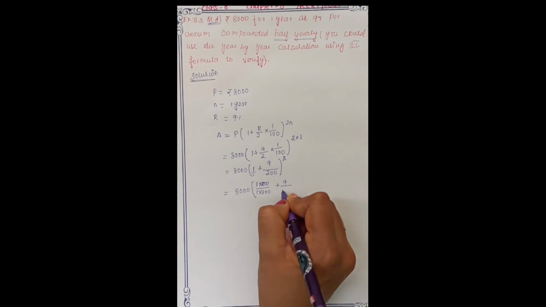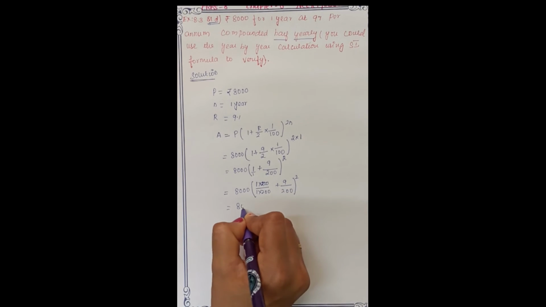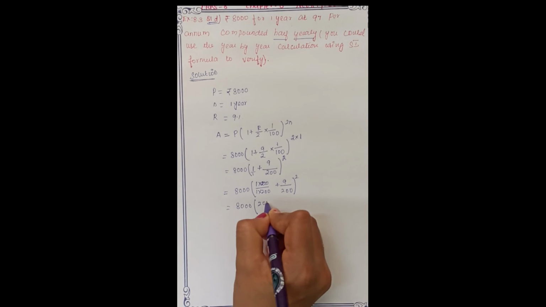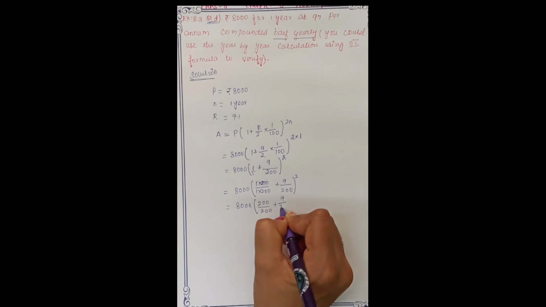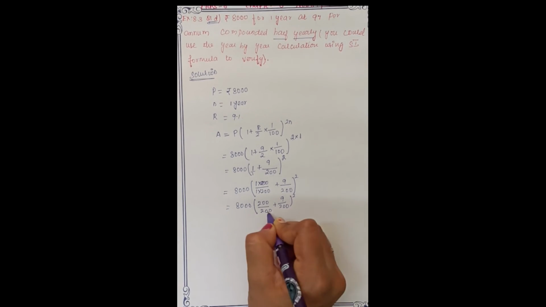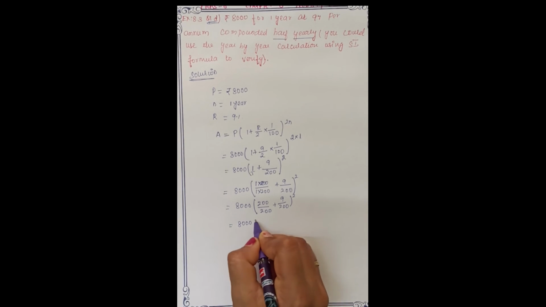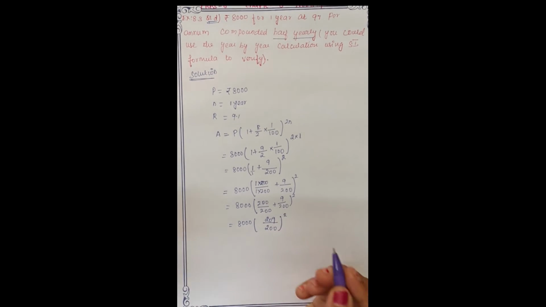Plus 9 divided by 200 power 2. So 8,000. So 1 into 200 is 200, divided by 200 plus 9 by 200. Here the denominators are same. So 8,000 into denominator is 200. Here we have 200 plus 9, 209 square.